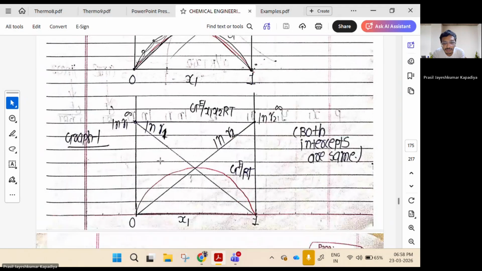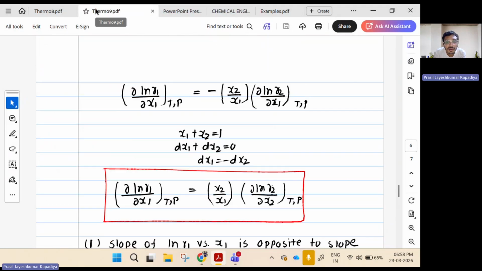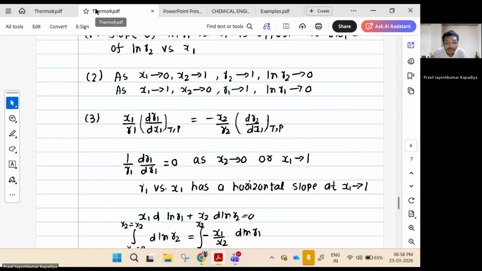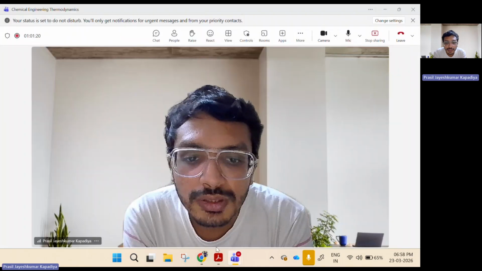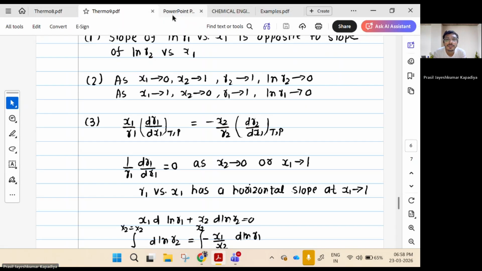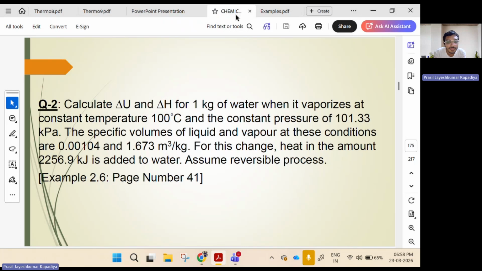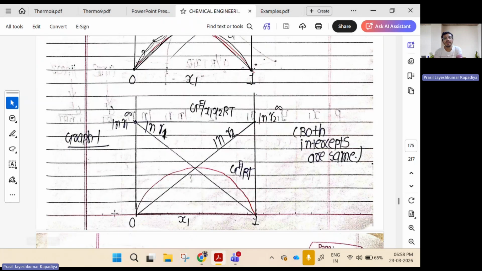And we had a look at this part here. So if I am varying it with x1, this is my GE by RT. When x1 tends to 1, I will have ln gamma 2, where component 2 is in infinite dilution, ln gamma 2 infinity.